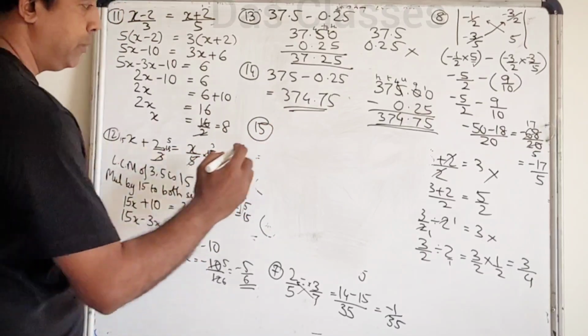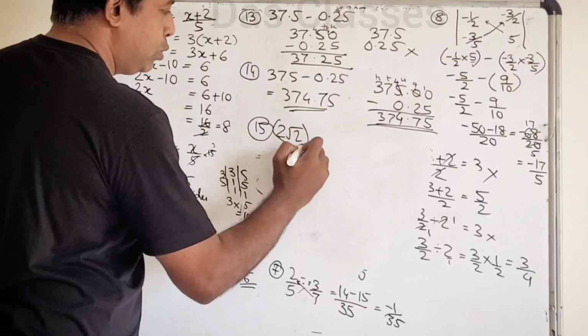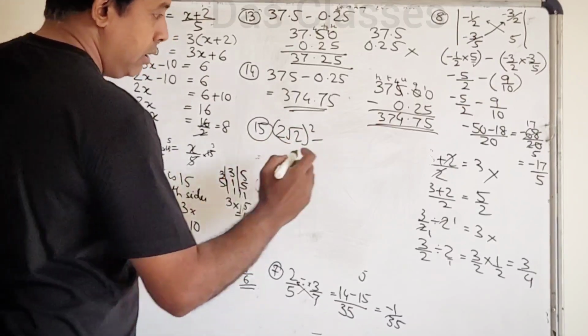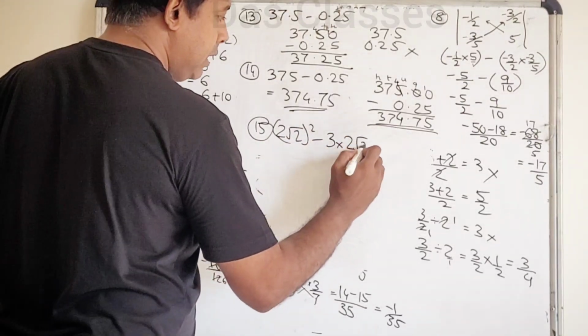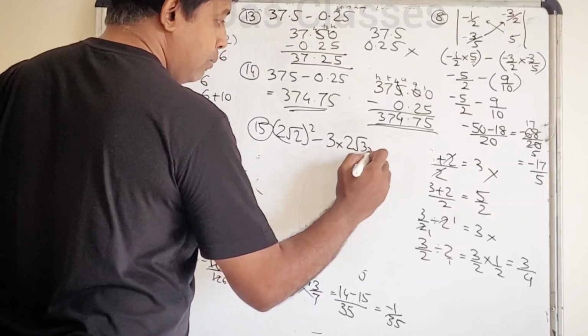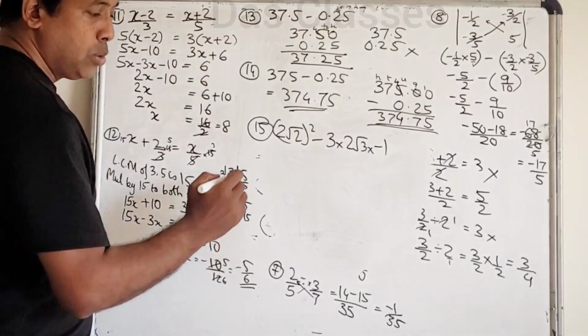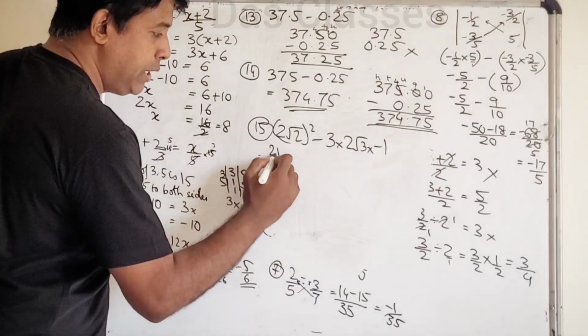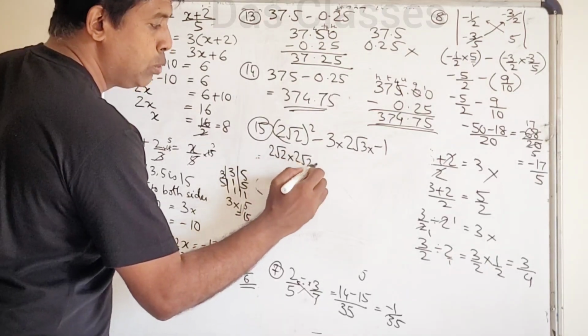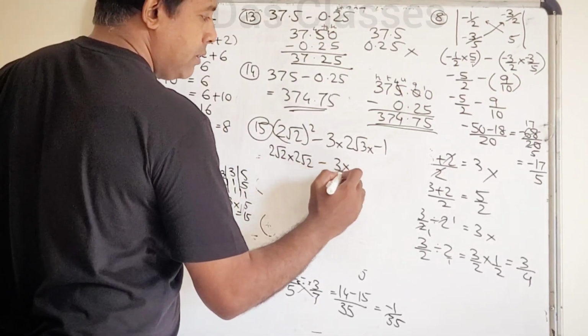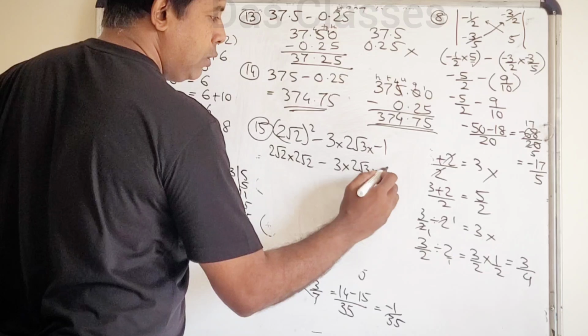Another example. Suppose I give you (2 root 2) square minus 3 into 2 root 3 into minus 1. So (2 root 2) square is actually 2 root 2 into 2 root 2, and this is 3 into 2 root 3 into minus 1.